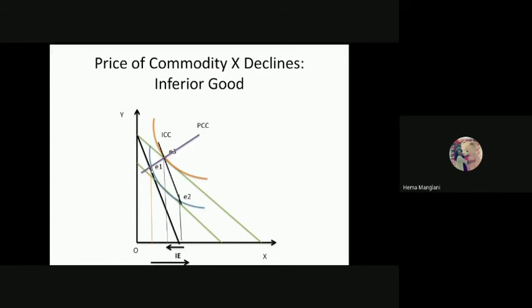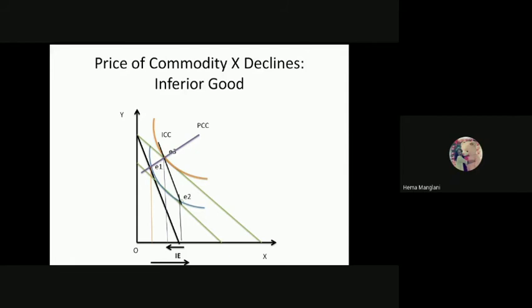So from E1 to E2, that is the Hicksian substitution effect. Your utility remains the same, you are on the same indifference curve. So from E1 to E2 you arrive, and this gives you the substitution effect. See, your substitution effect is taking place from this orange line to this black line. This whole movement is your substitution effect.